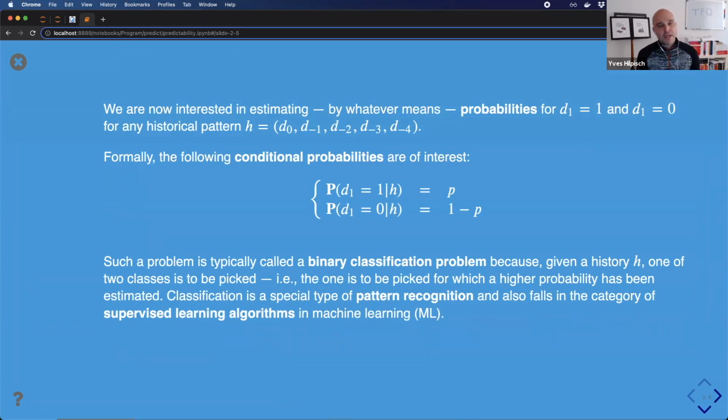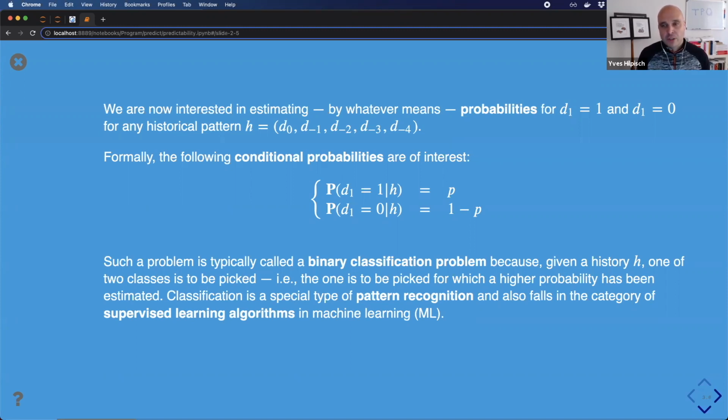So we are now interested in estimating, and at this stage I'm not in the business of naming or recommending a tool, by whatever means, probabilities for D1 equals 1 or D1 equals 0 for any historical pattern. So we need some algorithm, some model, where we have a look at the history and then try to come up with probabilities.